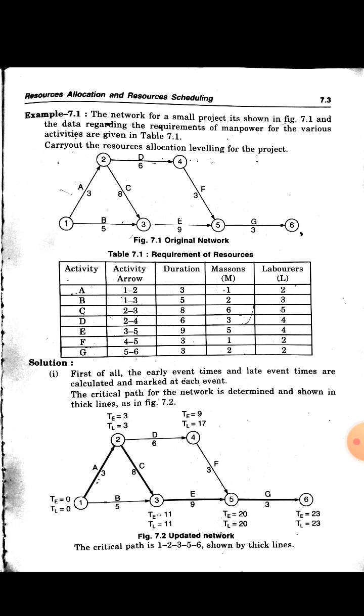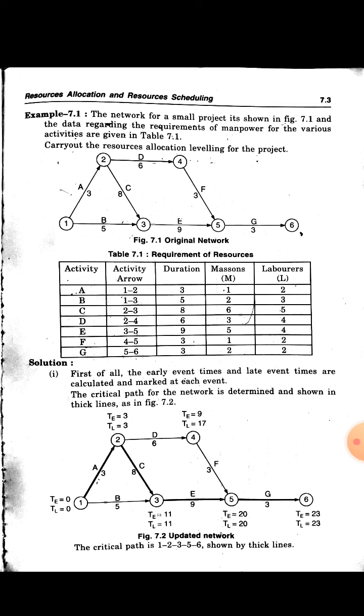So first of all we draw the network diagram. So here we draw the network diagram: activity A, arrow is 1 2. So activity A, arrow 1 to 2 is there. Clear? Then activity B, arrow is 1 2 3.